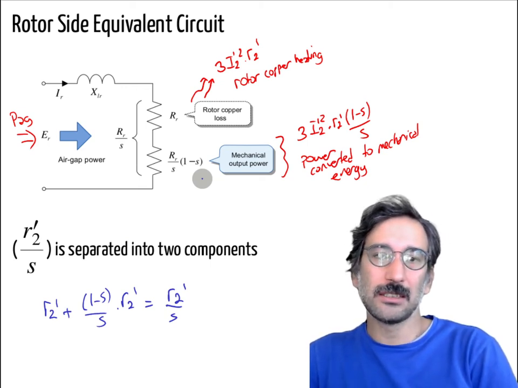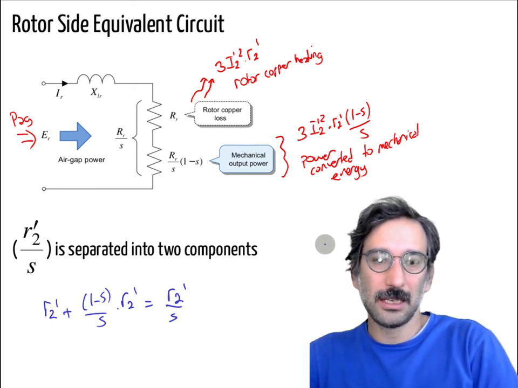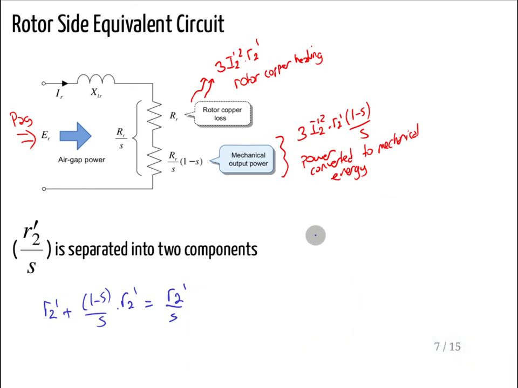Let's see what happens to those components if the slip is 1. So, slip equal to 1, rotor not rotating. Then R2 prime is still there, the rotor heating is constant, and since the rotor is not rotating, there shouldn't be any mechanical energy.